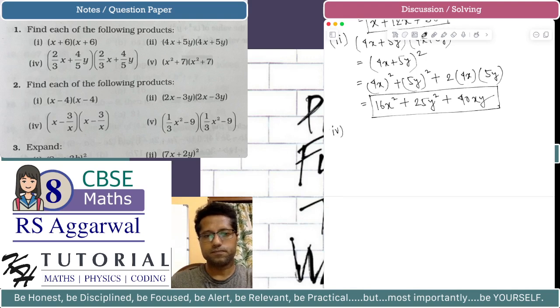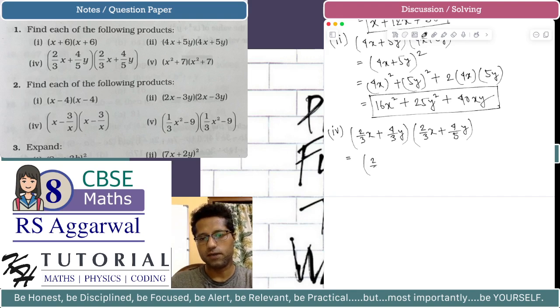Part 3, it is 2 by 3 x plus 4 by 5y multiplied by 2 by 3x plus 4 by 5y.